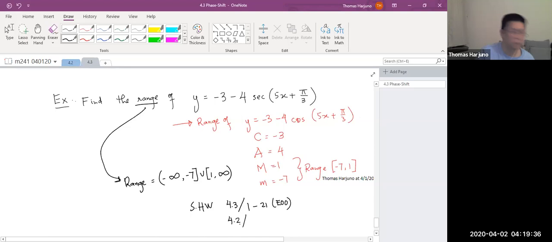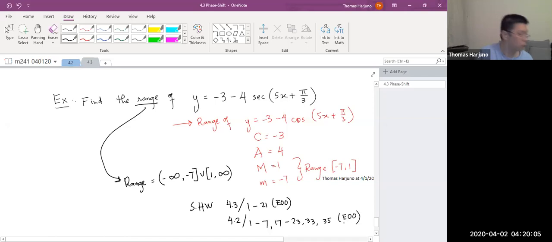For 4.2, number 1 to number 7, 17 to 23, and then 33, 35. Also do every other odd.